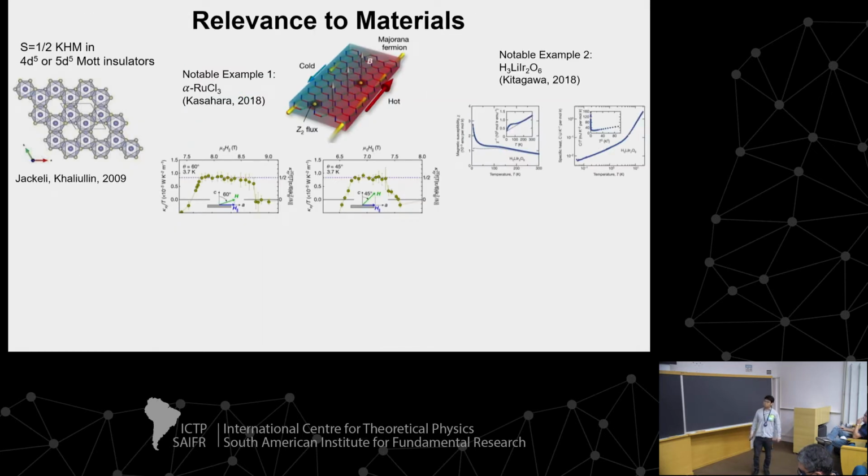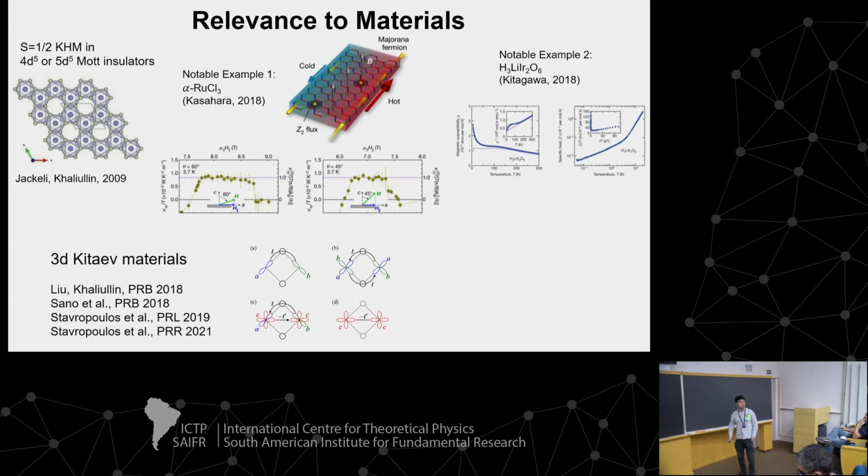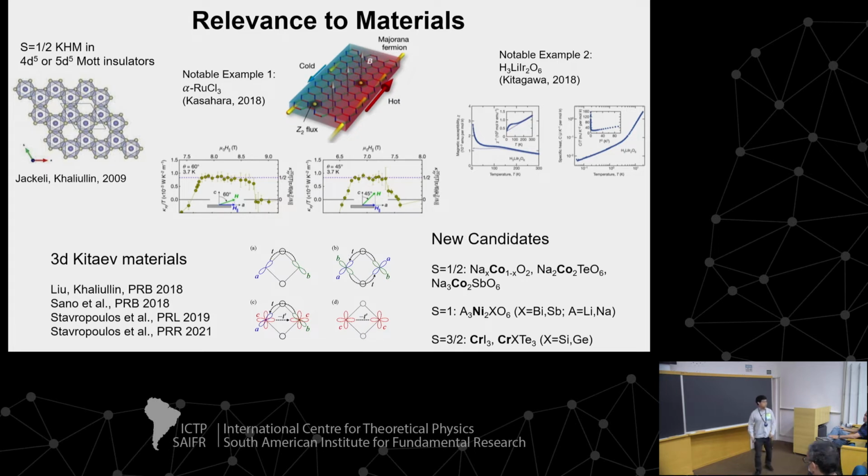Now, the relevance of the Kitaev materials to these heavy ion Mott insulators was already discussed by Eric in his talk. So what I want to draw attention to are the new proposals for Kitaev materials with light ion Mott insulators. And the novelty here is that they allow you to implement the Kitaev model with different spins, including spin 1 and spin 3/2.